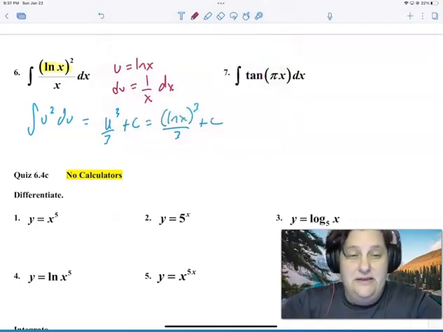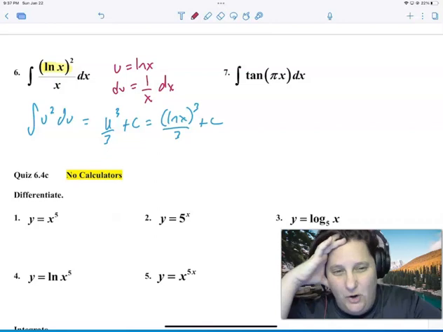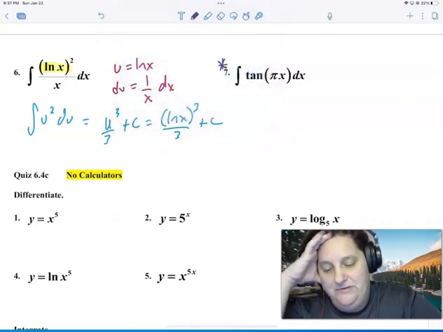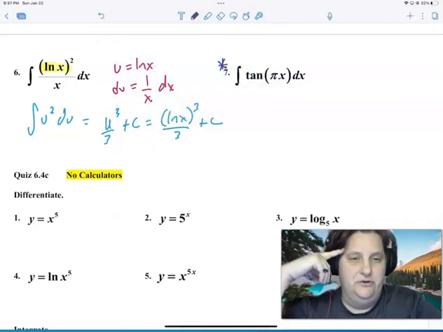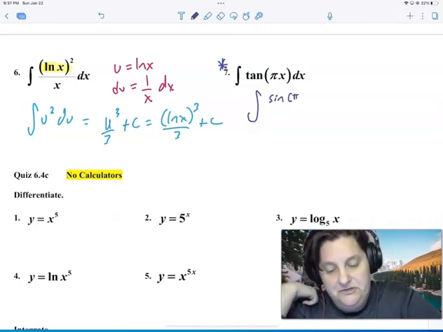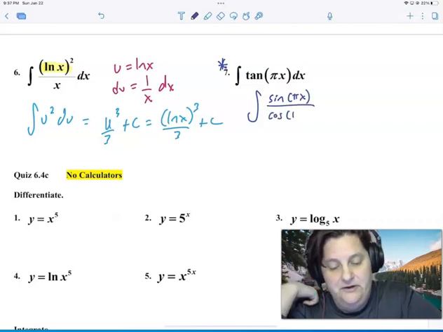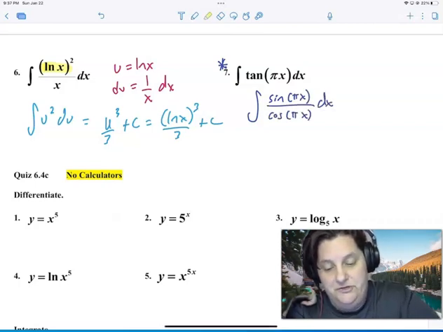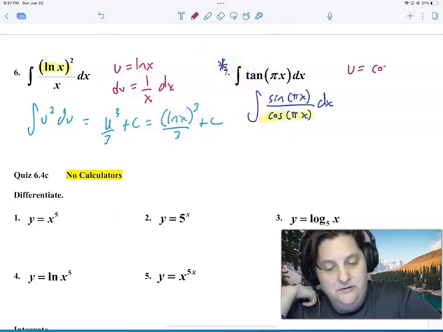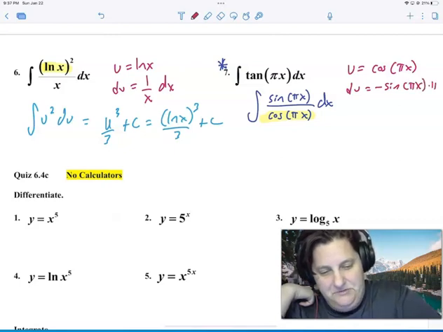And okay, this is a u sub, but if you guys remember, we don't know the integral of tangent or cotangent. Every time we do a tangent or cotangent, we have to switch it to sine over cosine or cosine over sine. That's just one of those things you've got to remember. Because then, u is cosine pi x. du, the derivative, is negative sine pi x times pi.